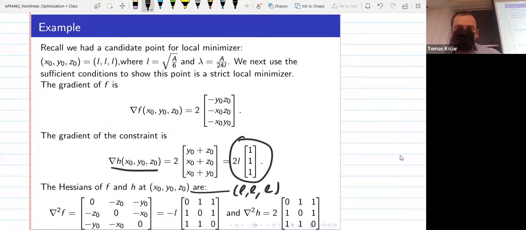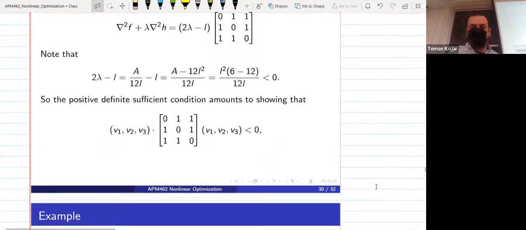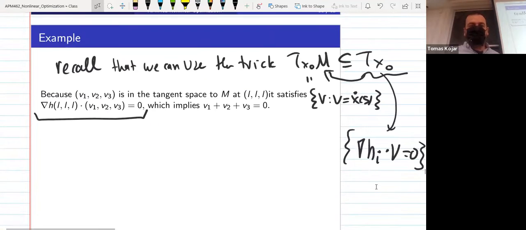This was the constraint, the surface area, something like 2xy, 2yz, 2xz equal to A. Anyhow, so let me write it for you.